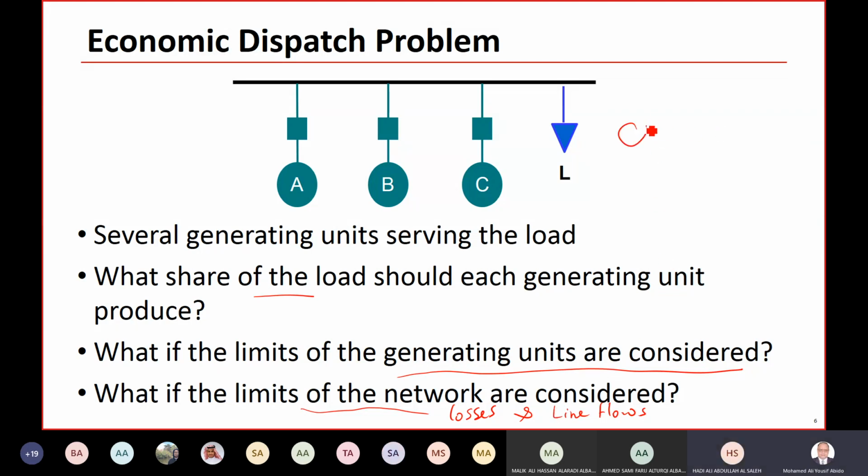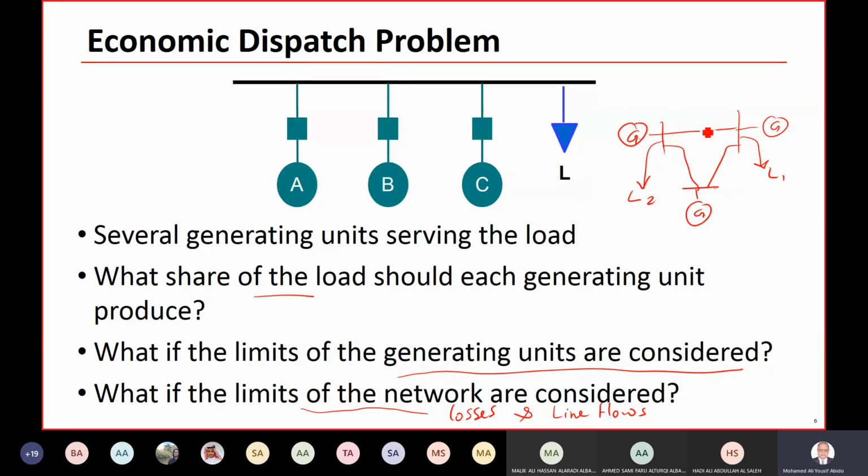If you have here one generator, and this is another generator, and you have here another generator, maybe this is also connected here. You have some loads, load 1 and load 2, and so on. You need to distribute the summation of these loads among the generators.